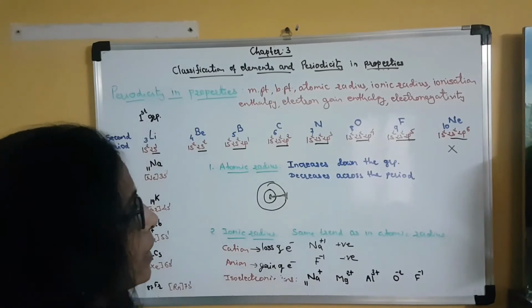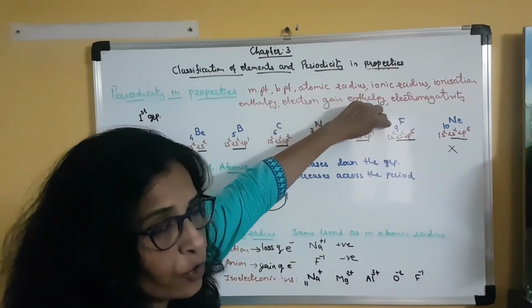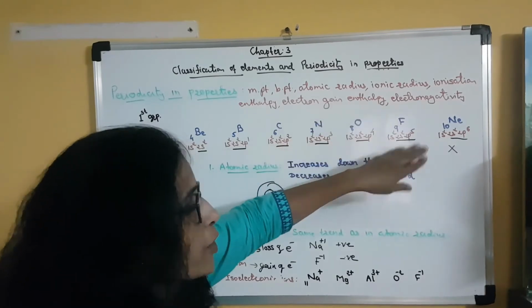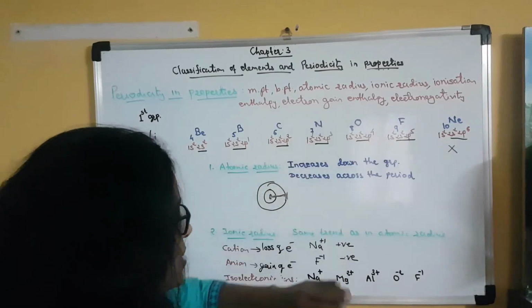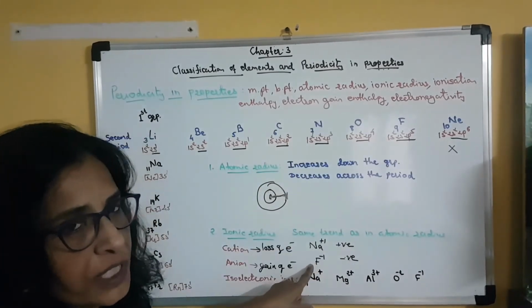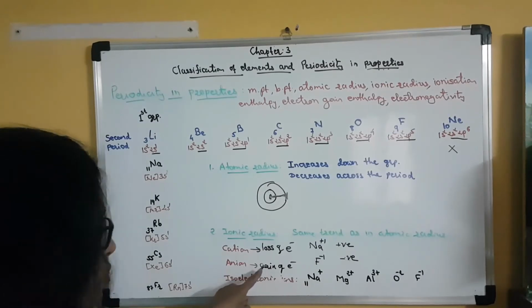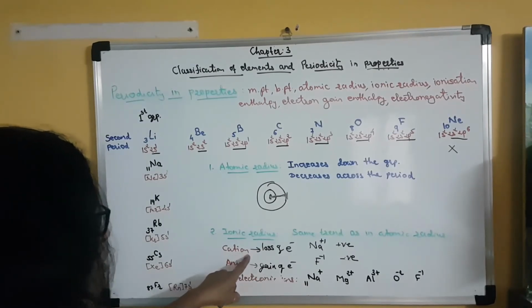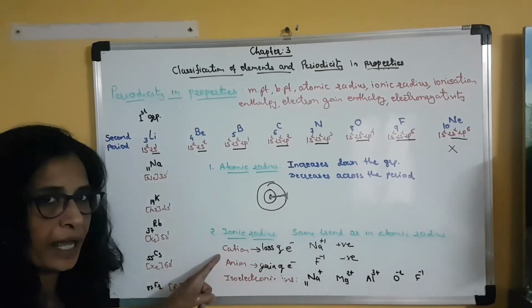Why? Because in fluorine, atomic number is 9, which means there are 9 protons in the nucleus. 1 electron is added, so now there are 10 electrons. So 9 minus 10, and that is why there is a -1 charge. So negative ion is obtained by gain of electron, and that is called anion. Positive ion is obtained by loss of electron, and it is called cation.